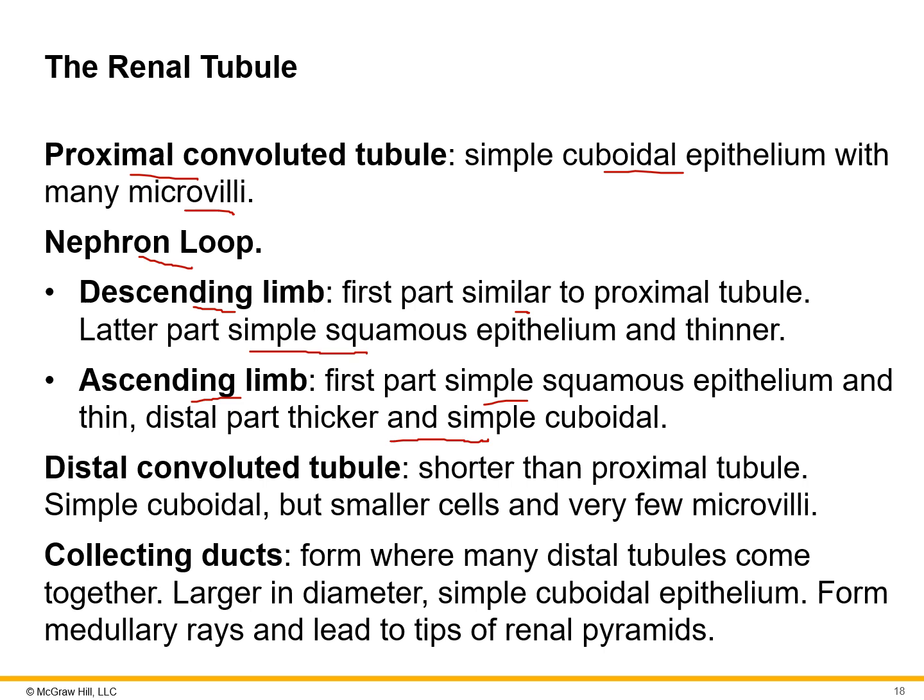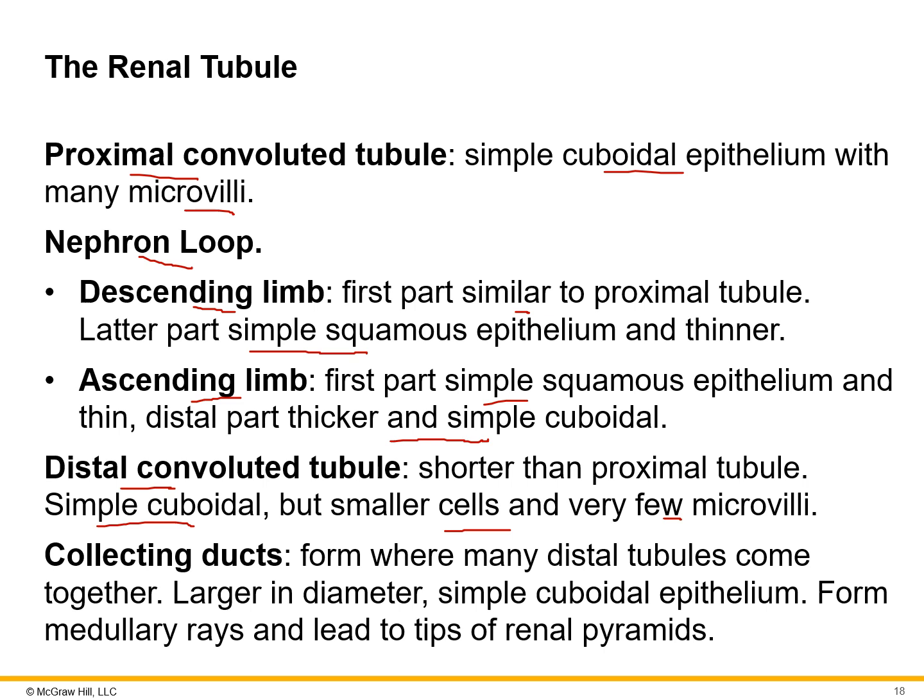By the time we get to the distal convoluted tubule, this is shorter than that proximal, but both still have the simple cuboidal. These cells, though, are smaller and have very few microvilli, because at this point we're kind of to the end of that filtration unit, so we're not doing as much filtering. That's more at the beginning.